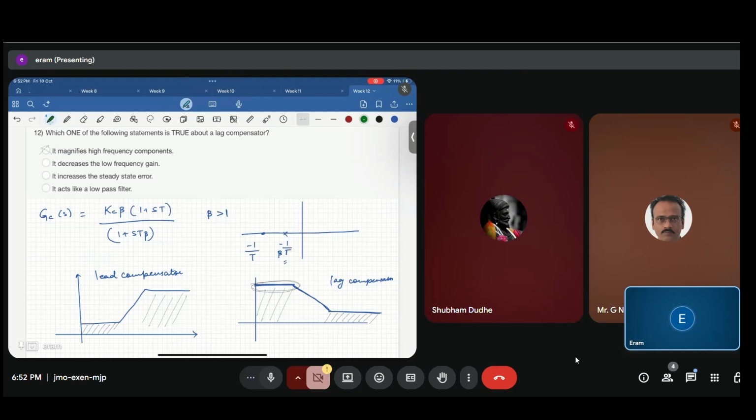And what about the second option? The second option says it decreases the low frequency gain, but here it increases the low frequency gain, right? Because here we have a high gain. So the second option is also not correct.